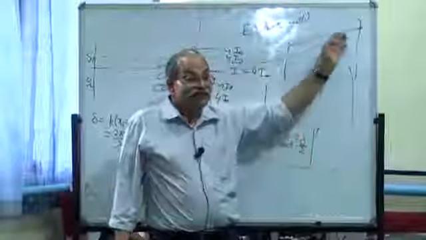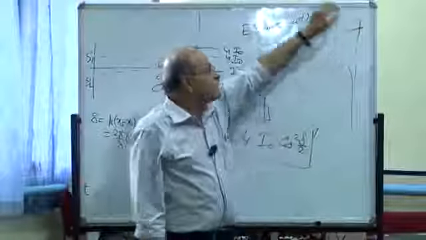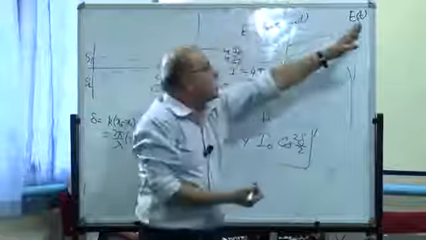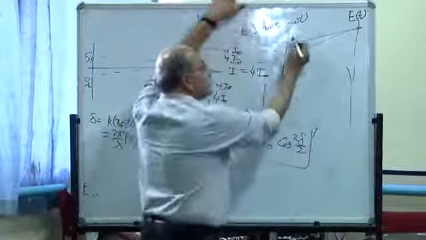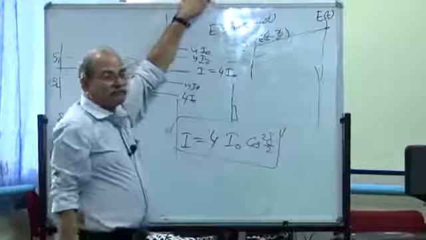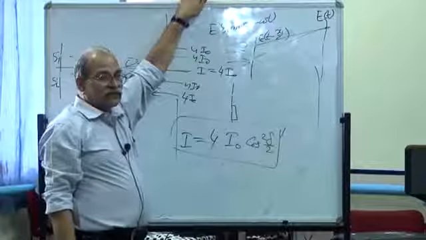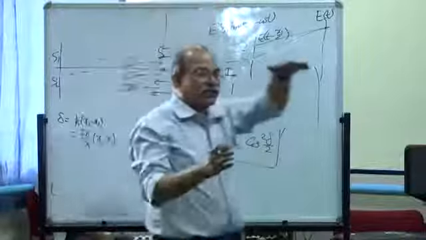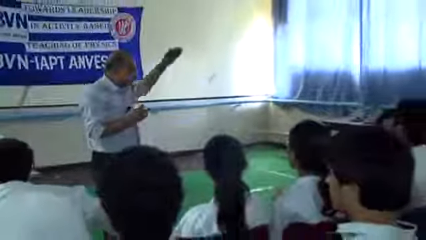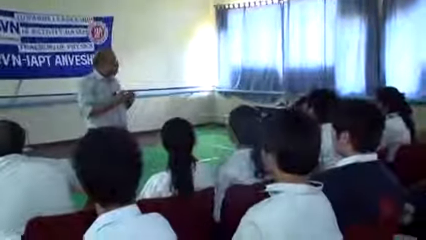And then I find that the electric field which exists here at time t, that same electric field existed at S1 at time t minus x1 by c, because light takes a finite time to reach from S1 to P. The distance of S1 to P is x1 and the speed of light is c.